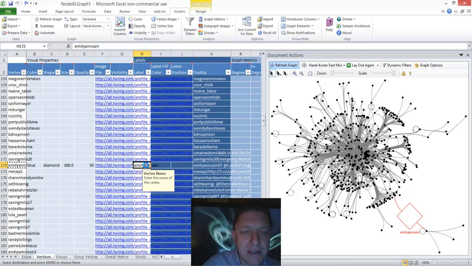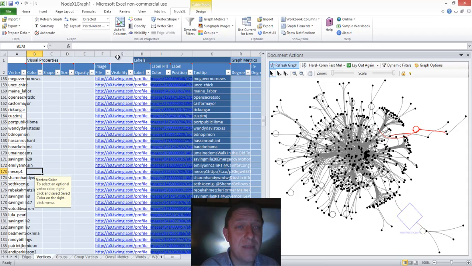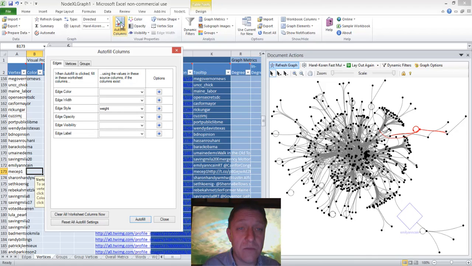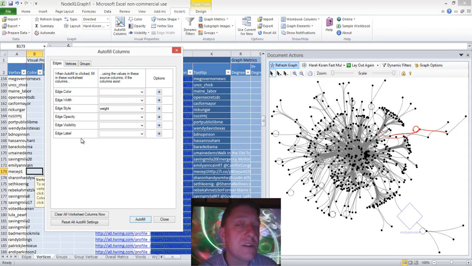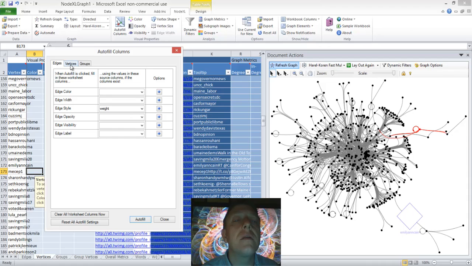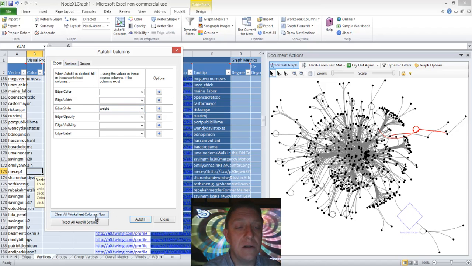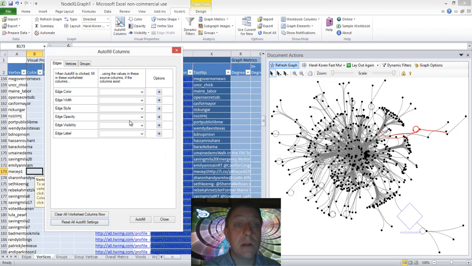So I want to save her image, but I'm going to delete those references, and I'm going to use autofill instead. Autofill, under the NodeXL ribbon, allows me to select properties of either edges or vertices or groups. We'll talk about groups another time. Really interesting stuff, groups. And it allows me to say, let's select all edges that have a particular characteristic.